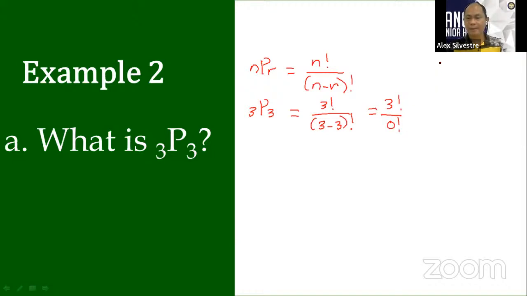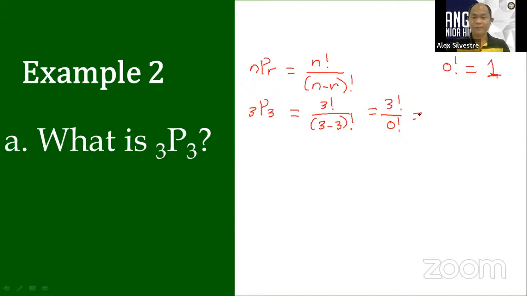Be reminded, ito tatandaan nyo guys, wherein our 0 factorial will always be equal to 1. Okay, tandaan natin ito, kapag naka-encounter kayo ng 0 factorial, based on our factorial notation, our answer for that will always be equal to 1. Yan ang value kapag naka-encounter kayo ng 0 factorial. So yun ang ipapalit natin.